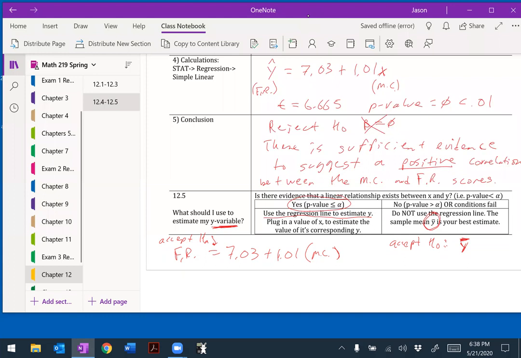So again, if we go back to our data, I think I exited out of our data, that's okay, I'll get it back.